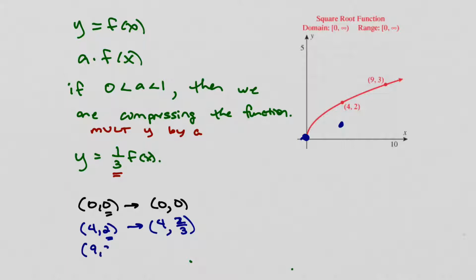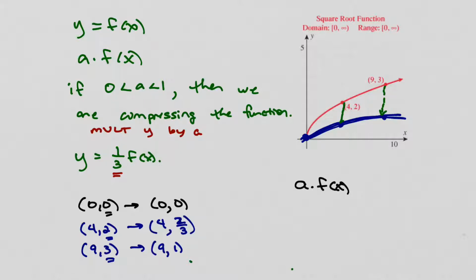And then the point 9,3, multiply that y value by a third, gives me the point 9,1. So I'll go over here to 9, up to 1, and I've got that point. And it looks like my function has kind of this shape to it now. So again, I took each of these points, and I compressed them by a factor of 1/3.